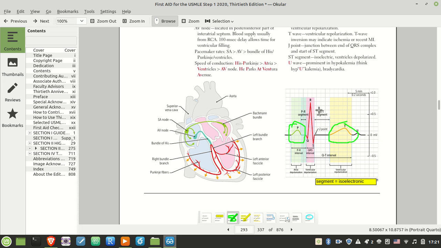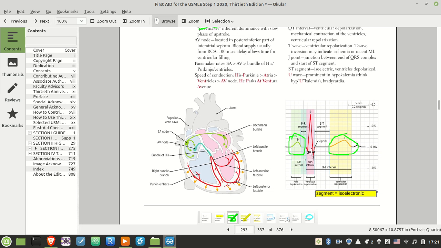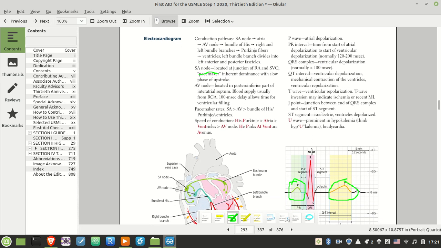I think that means you really understand the electrophysiology of all this stuff. But I don't think it's important for Step 1, so I know I've just blabbered on for 2 minutes about it, but just forget it. Don't forget about it, but that's not what I'm doing. I'm not here to really teach all this cool stuff. I'm just here to go over things and make things kind of easy to understand, I guess.